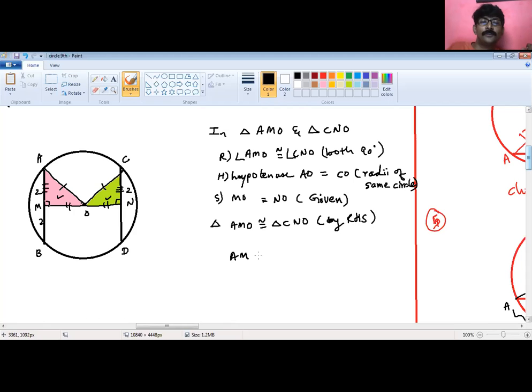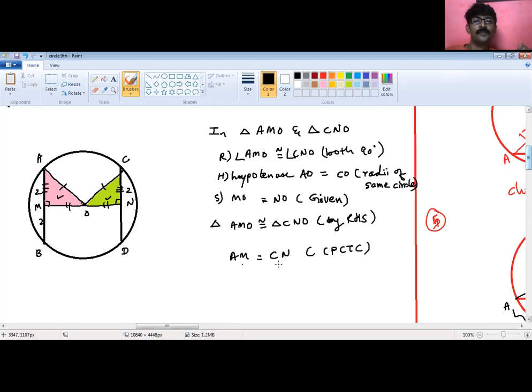Simple, by CPCTC. Now student, if your teacher does not allow you to write CPCTC, you can write: corresponding parts of congruent triangles are congruent. So see what your teacher is writing and then follow. If your teacher writes CPCTC, you also can write CPCTC. If not, then write the corresponding parts of congruent triangles are congruent. So you take a call with respect to your teacher.